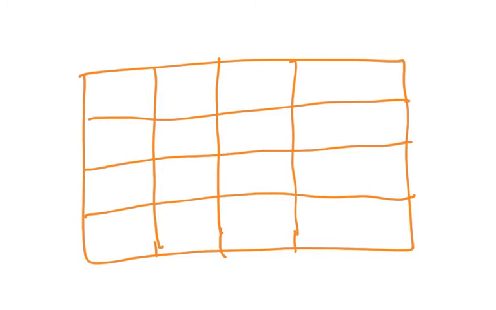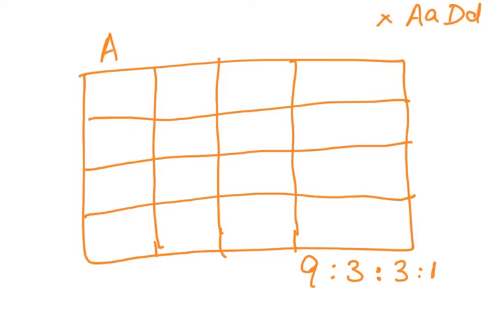And the ratio of the combinations is 9:3:3:1. If you add these, it's 16. We have the possibilities here, like for instance when I wrote here A, this is heterozygous and this is also heterozygous.